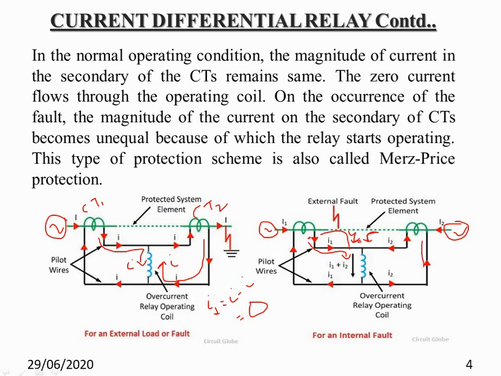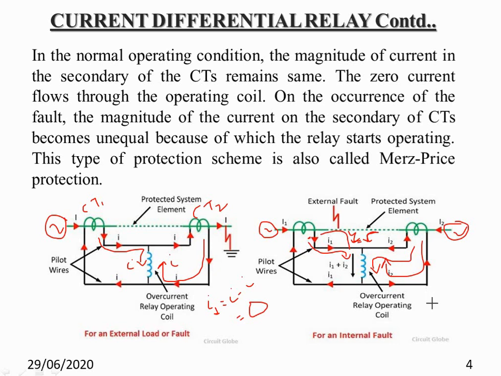So this I1 and I2 are similar currents, and as per the difference value we can set the set value, that is I1 minus I2 is the set value. Then this value becomes 0, so the operating coil will not work. But as the fault occurs here, the direction of this current through the CT will change, and now the direction of this CT current will be in this direction.